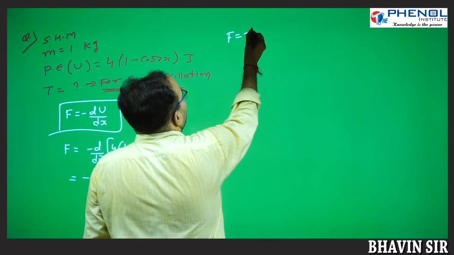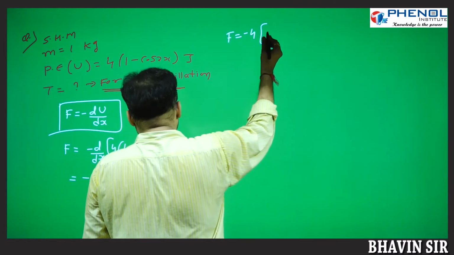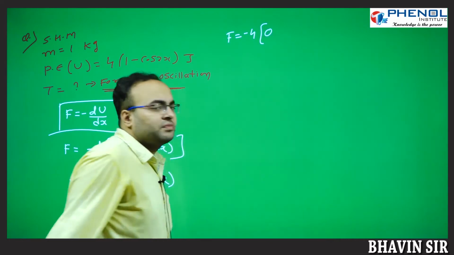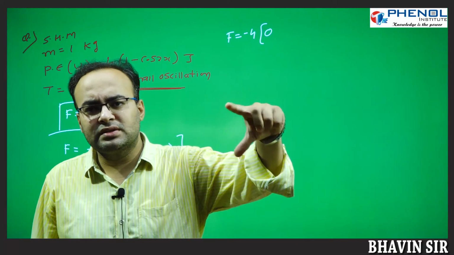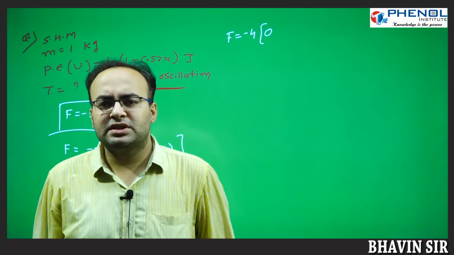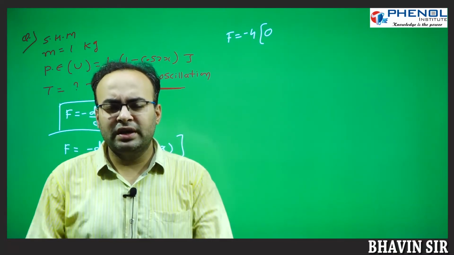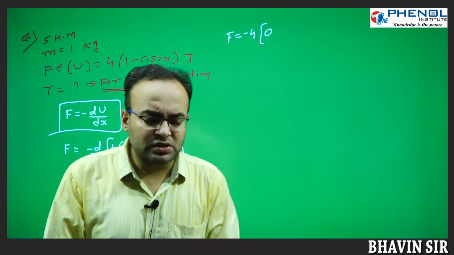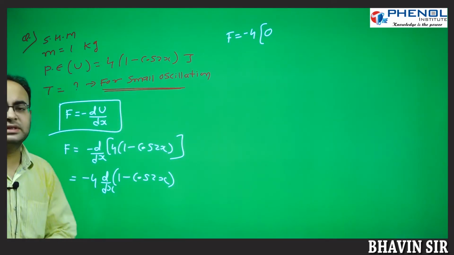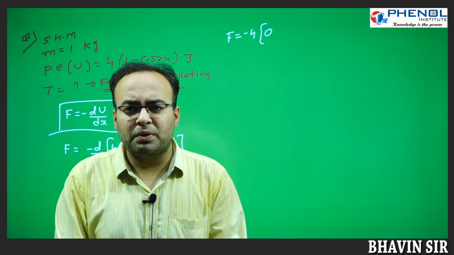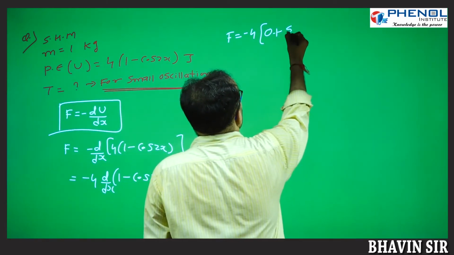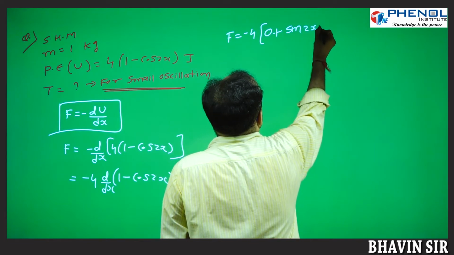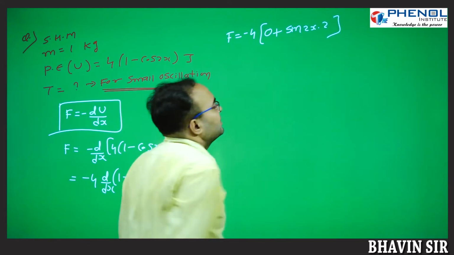See, 1 is constant, so what is the differentiation of 1? 0. Why is differentiation of 1 zero? Because 1 is a constant. So what is the differentiation of cos? Minus sine. So sine 2x into 2.